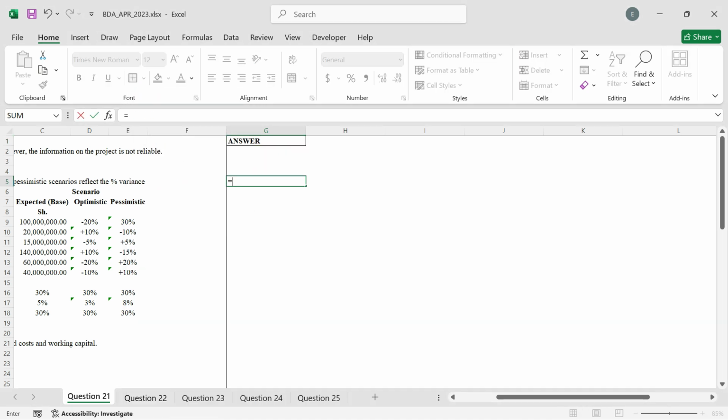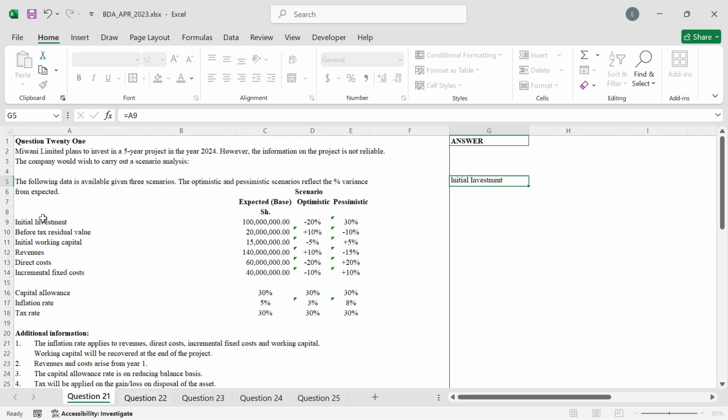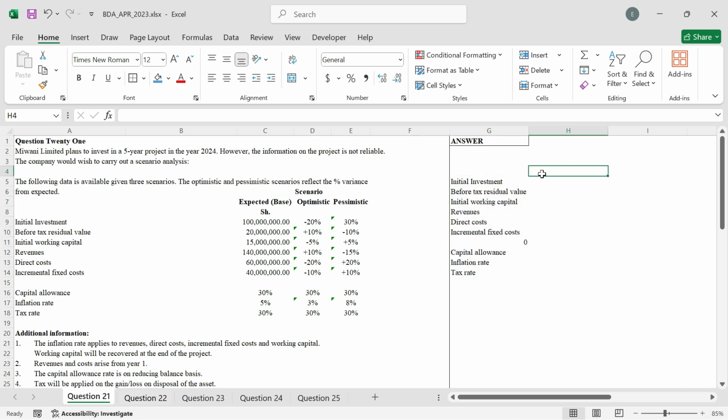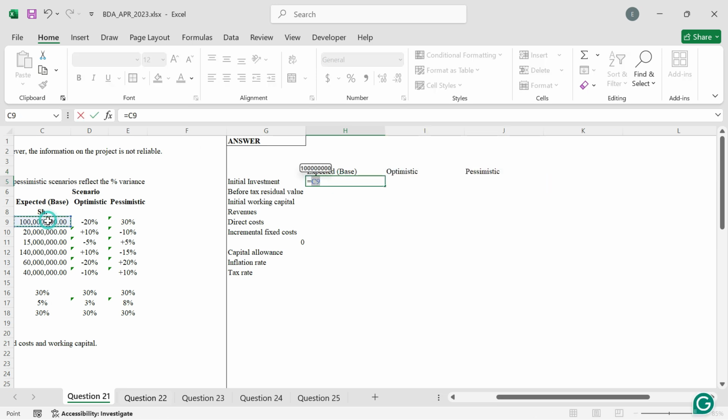Then I'll pick out the labels as given by the examiner, and the scenario labels also as given. Then the expected values.